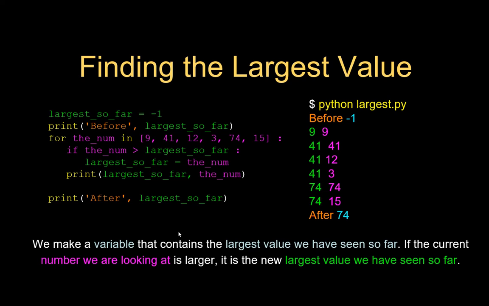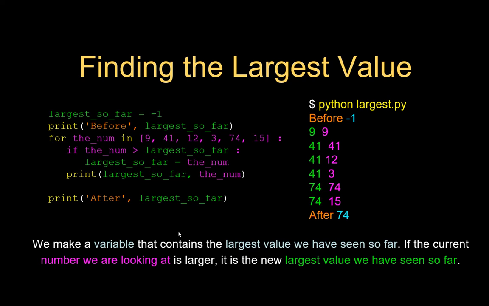So here is the actual code. We assign -1 to largest so far. We're going to print before, largest so far, which is going to give us before -1, and we're going to run a for loop, and we call it num, so for num in this set.